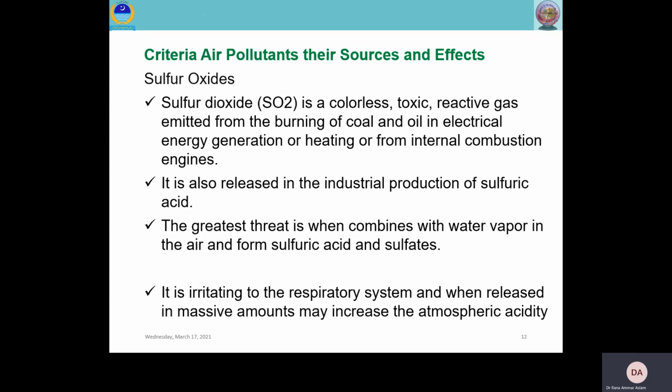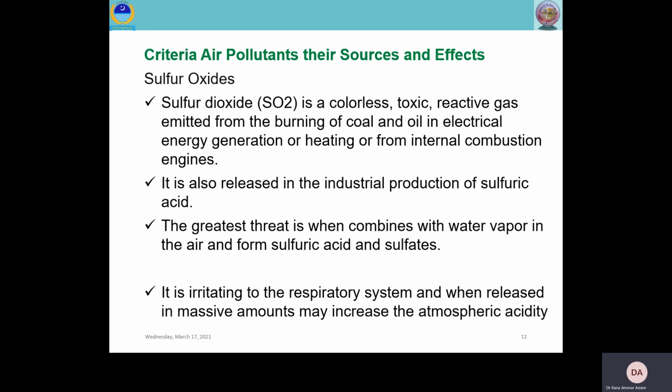So fossil fuels are burned in industries and in automobiles. These are mainly the major sources of sulfur dioxide, right? It is also released in the industrial production of sulfuric acid, right?